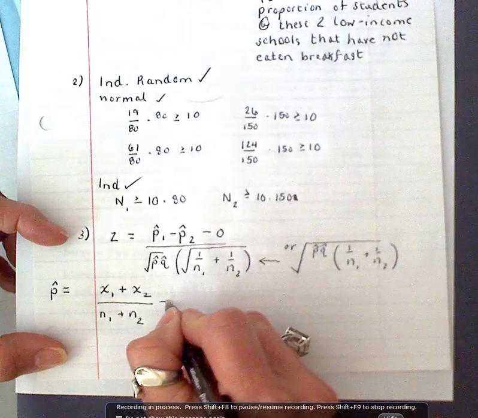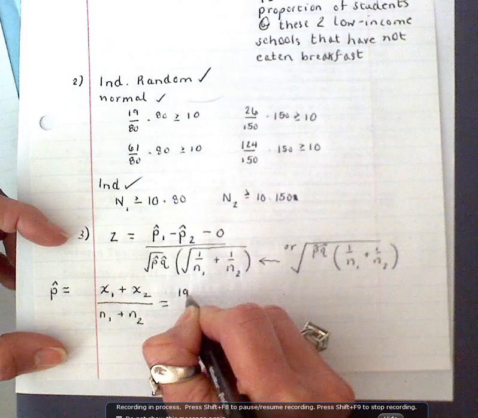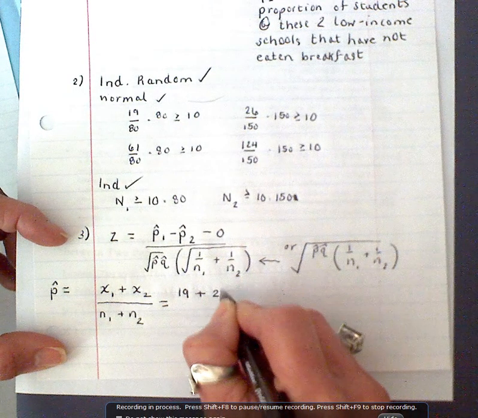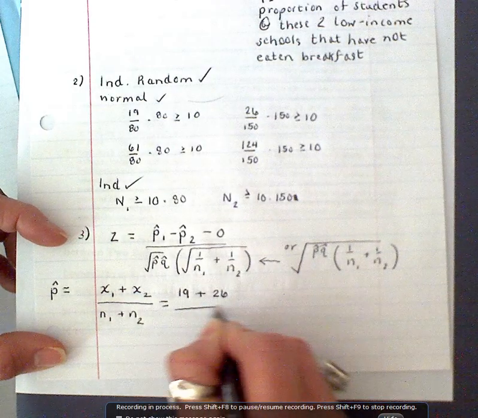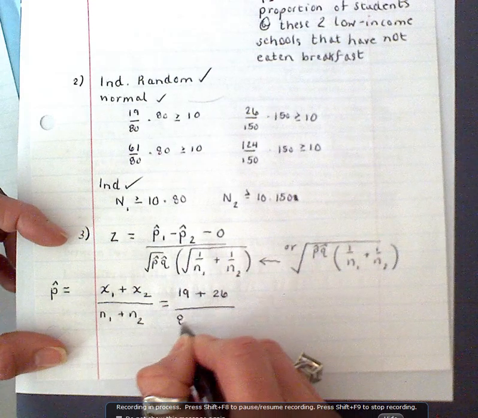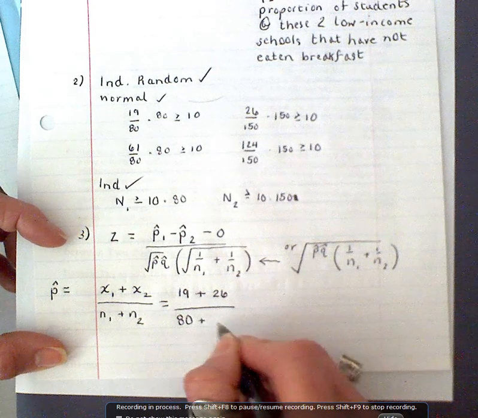So the number in our first sample that had not eaten breakfast was 19. The number in school 2 that had not eaten breakfast was 26. The number selected total from school 1 was 80. And the total number of students randomly selected from school 2 was 150.